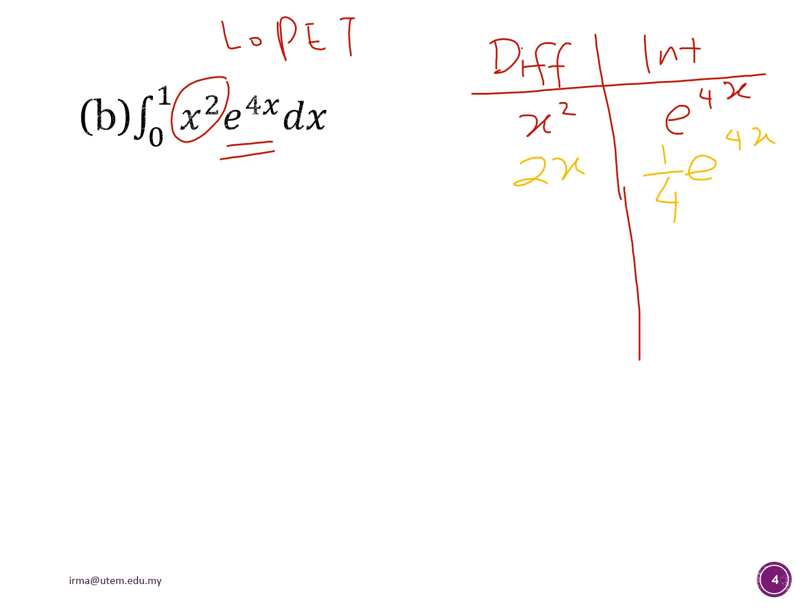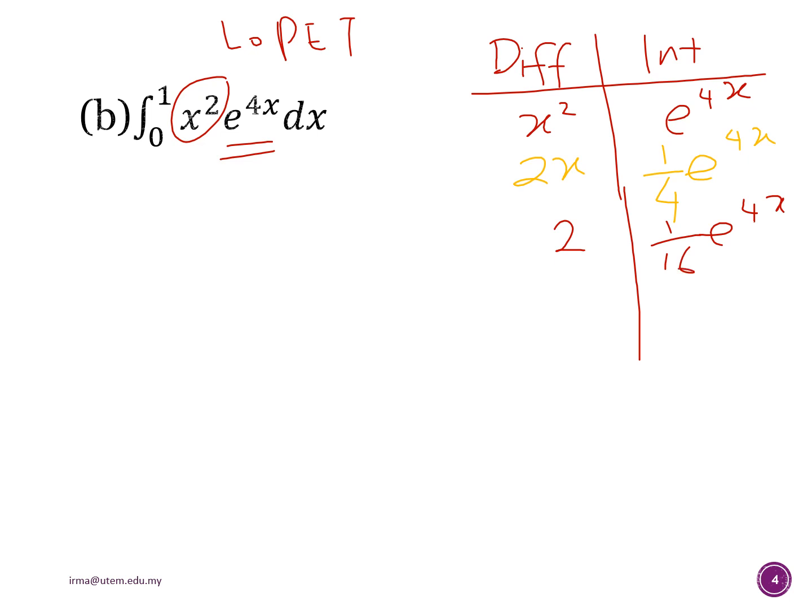Next, differentiate 2x, and you get 2. Integrate 1 over 4 e to the 4x, so you get e to the 4x with 1 over 4 times 4, which is 16.